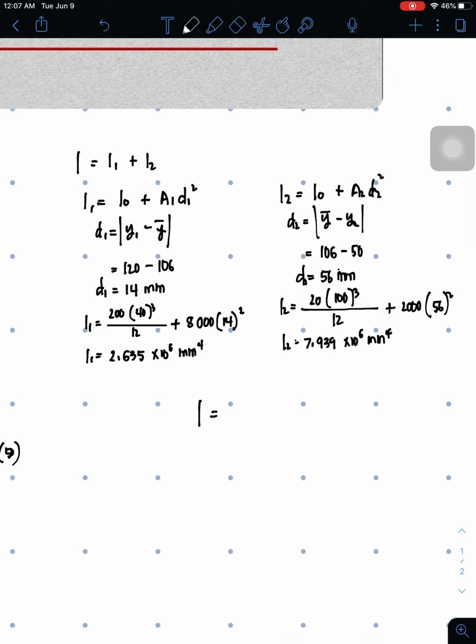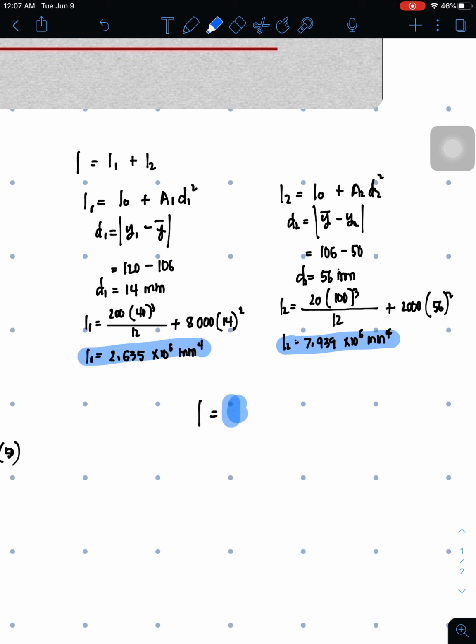So therefore, our I is I1 plus I2. So we're going to basically add this and this one. That's 2.635 times 10 to the 6 plus 7.939 times 10 to the 6.